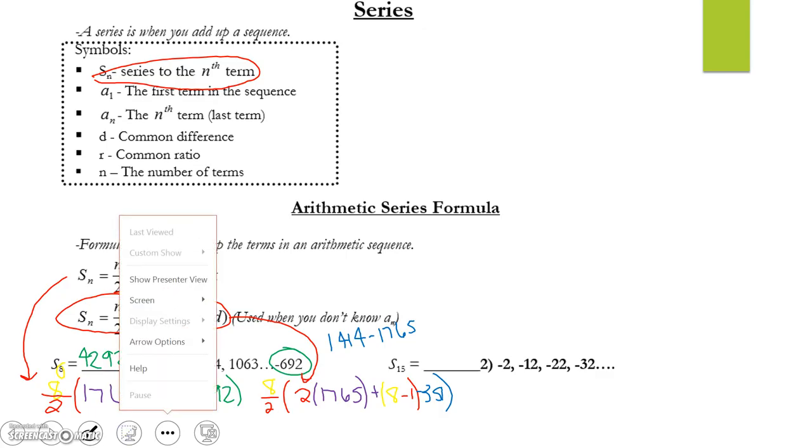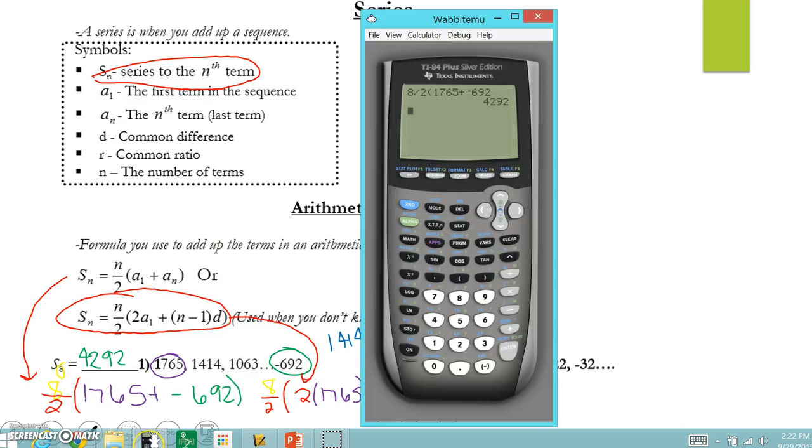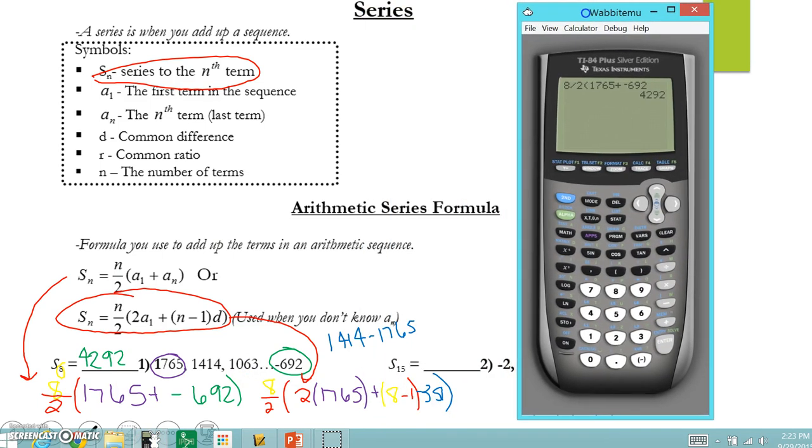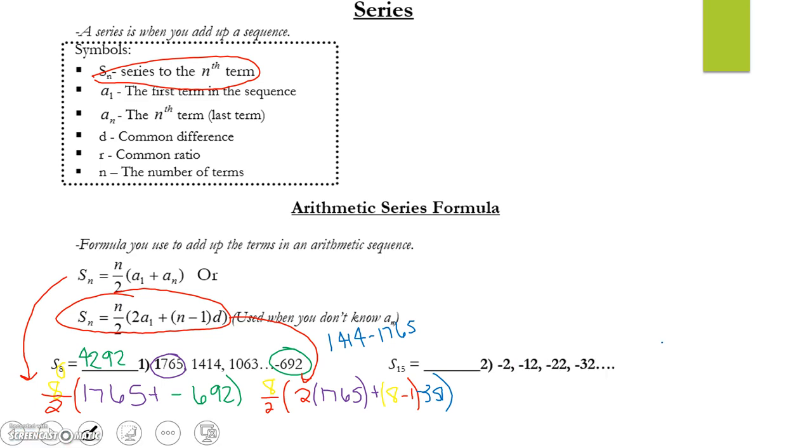Then I grab my calculator and plug it in, and we should get the same answer. Notice I'm using a negative instead of a minus 351. That makes a difference. And again, I get 4292.